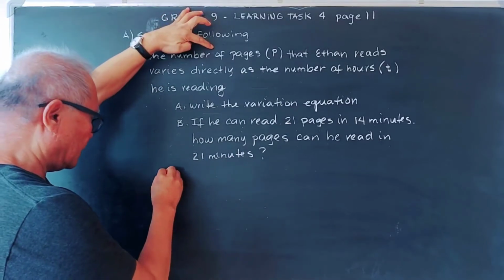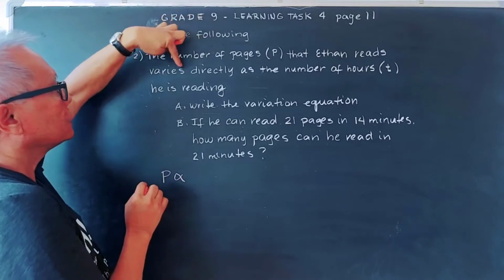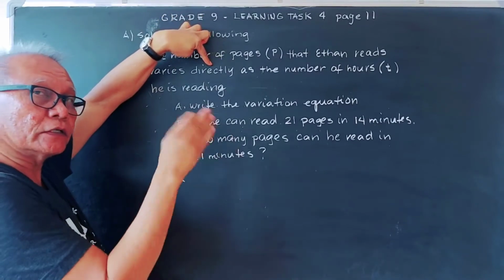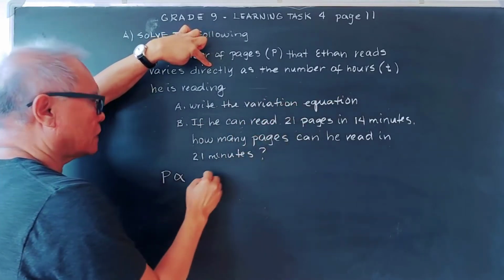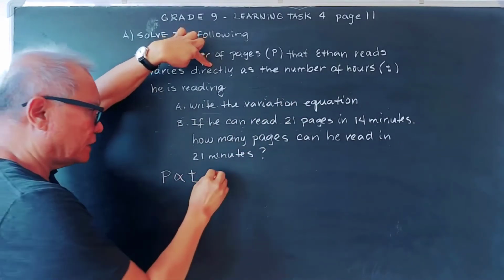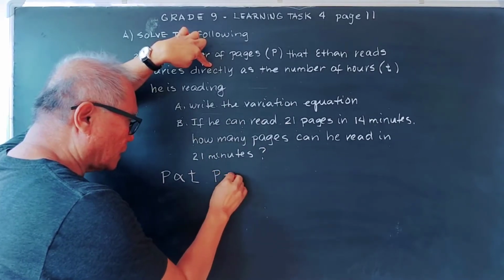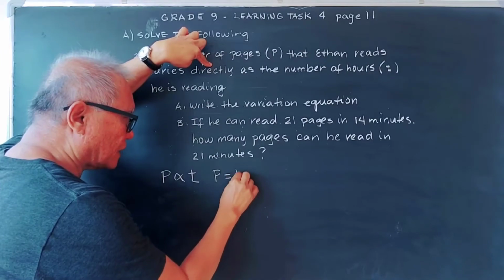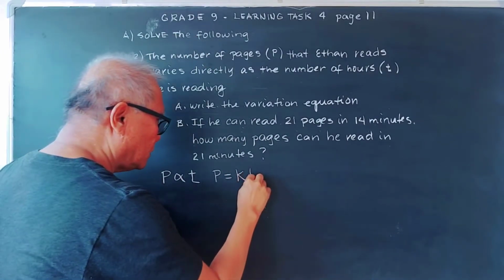So, P varies directly, hindi 1 over, sa taas siya, the number of hours, so T. And then, equation, P equals na, tapos meron tayong constant of variation, K, and then your T.